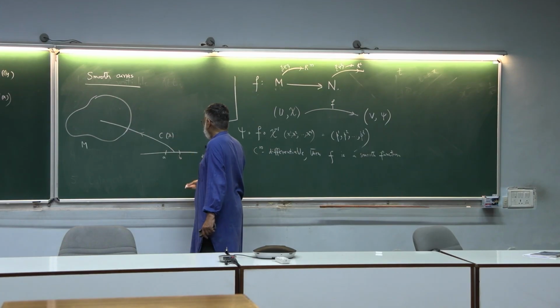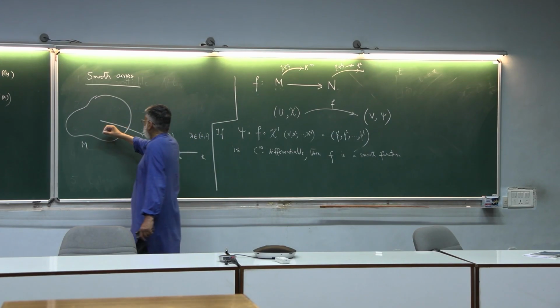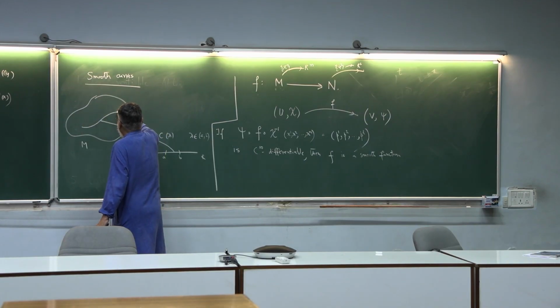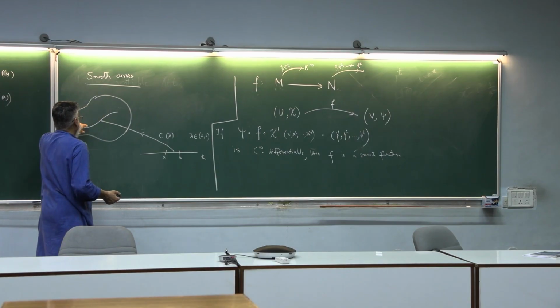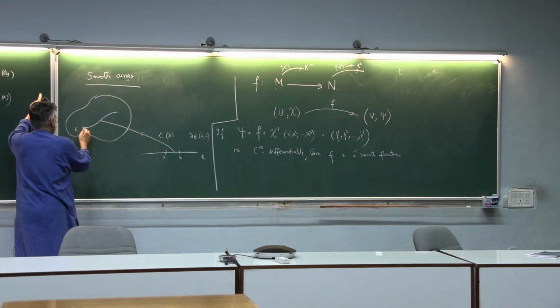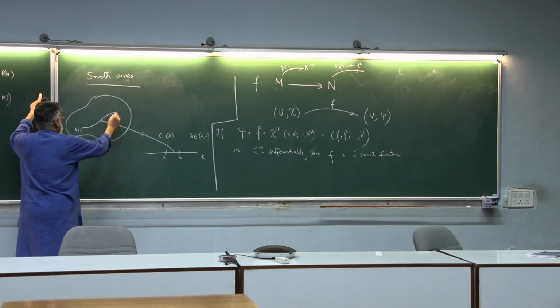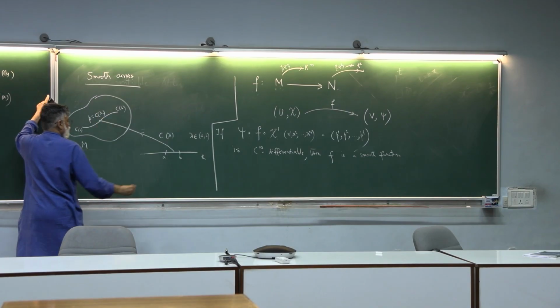Lambda belongs to the interval AB, and C of lambda is here. So there is an image of the interval AB in the differentiable manifold. This is the image, let us say this is C of A, this is C of B, and in general the point P could be C of lambda 0.